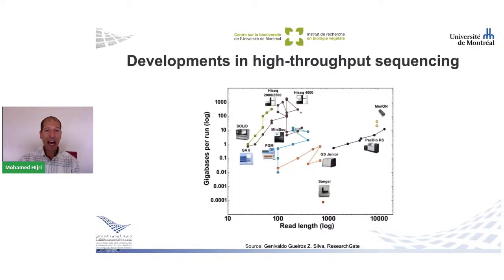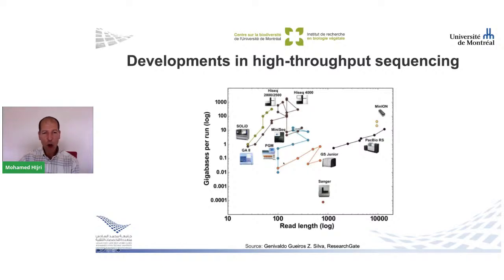Compared with the others, this is gigabytes per run, and it's a logarithmic scale. If we compare with the HiSeq, you will see that this is really far away for comparison. We generate a huge amount of data that we have to handle using bioinformatics. The most used platforms today are Illumina platforms. The one I will be talking about today is MiSeq, which is not present here anyway.